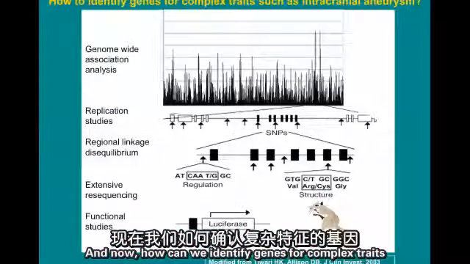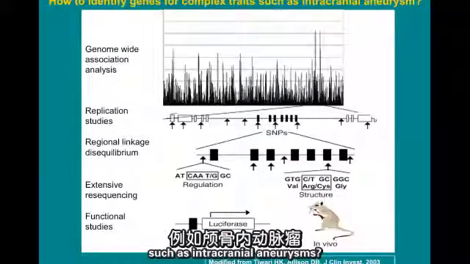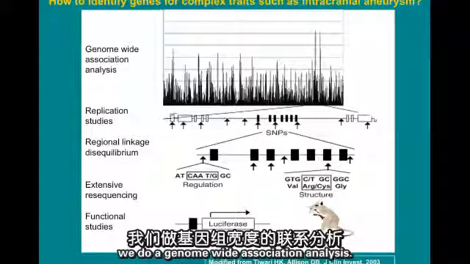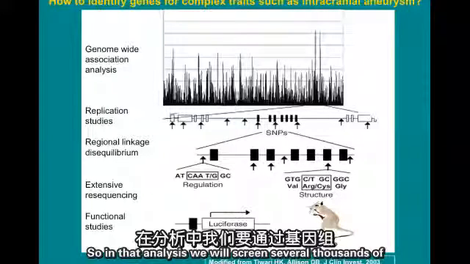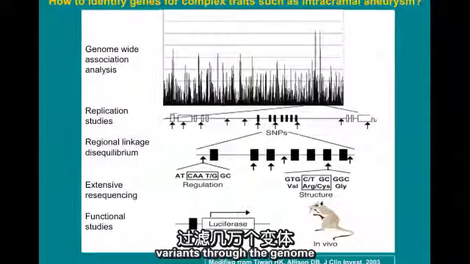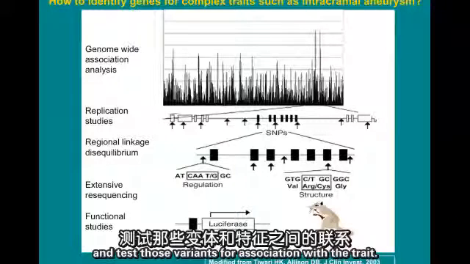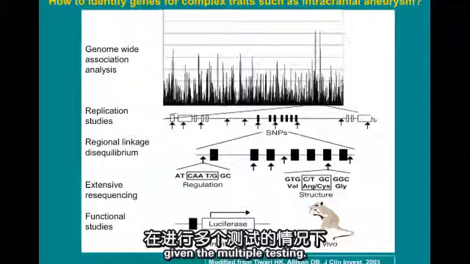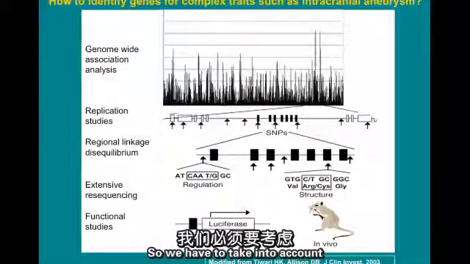Now how can we identify genes for complex traits such as intracranial aneurysms? Typically what we do nowadays is a genome-wide association analysis. In that analysis, we screen several thousands of variants throughout the genome and test those variants for association with the trait. Then we can get significant peaks, taking into account the multiple testing.